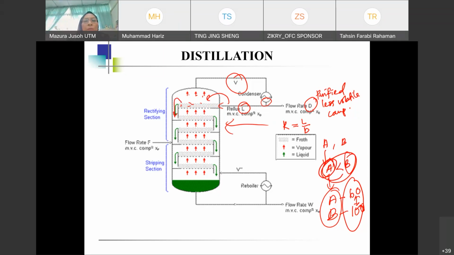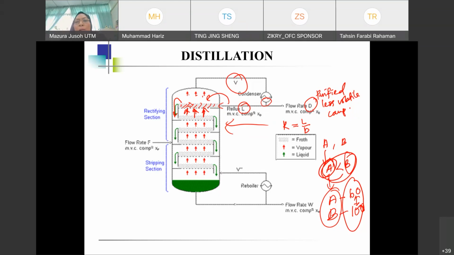But you want the vapor to be able to go through the liquid that is retained on each plate. So that's why the configuration is very important, and you don't want the tray to be flooded with the liquid.